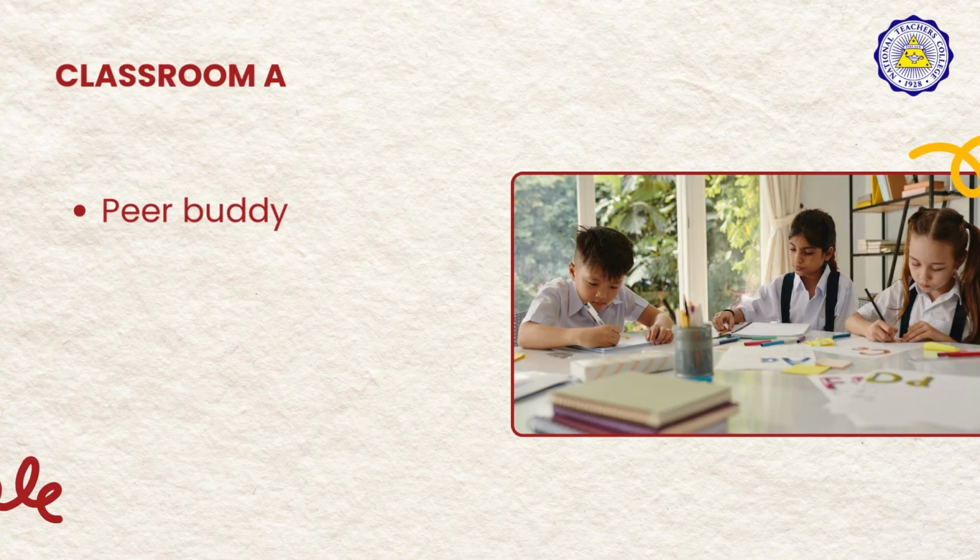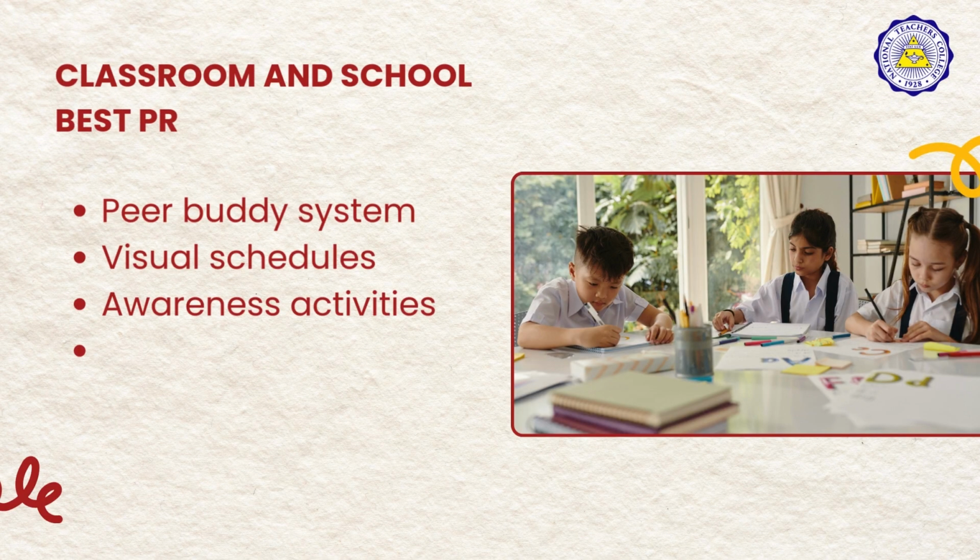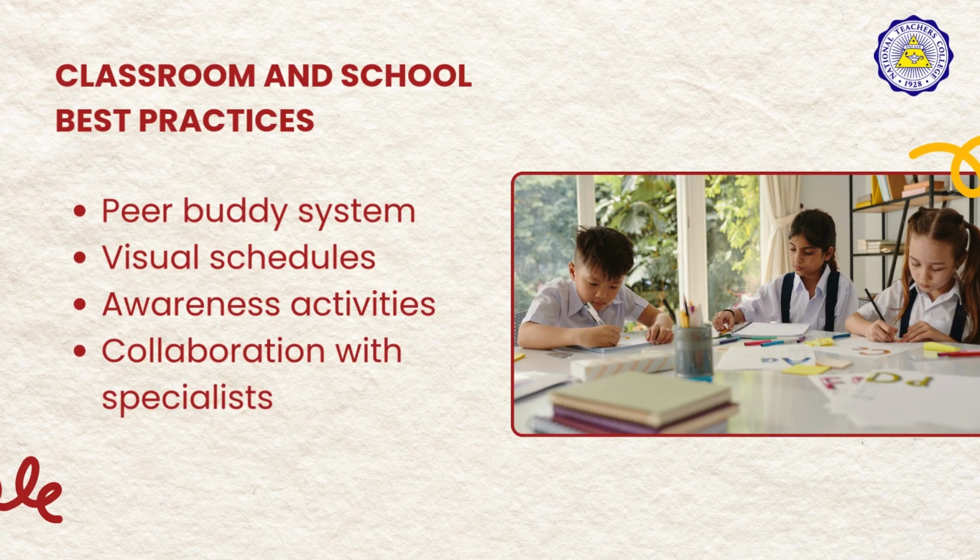To apply inclusive strategies effectively, schools can implement the following. Use a peer buddy system to support social interaction. Display visual schedules and routines. Collaborate with interpreters and audiologists. Train teachers on sign language and inclusive pedagogy.